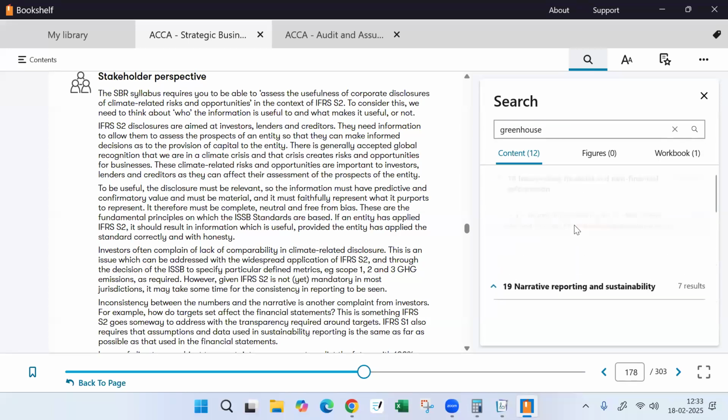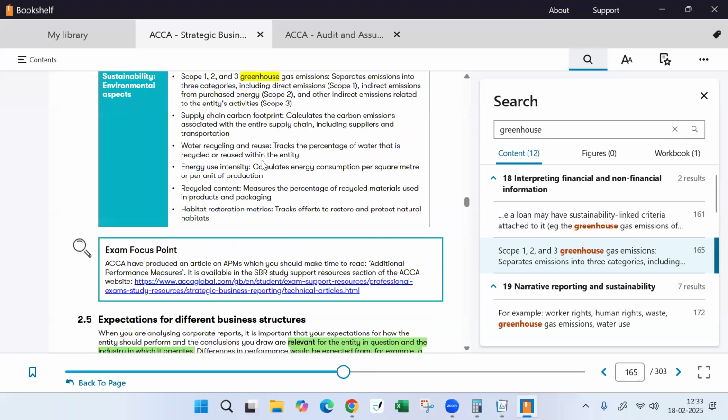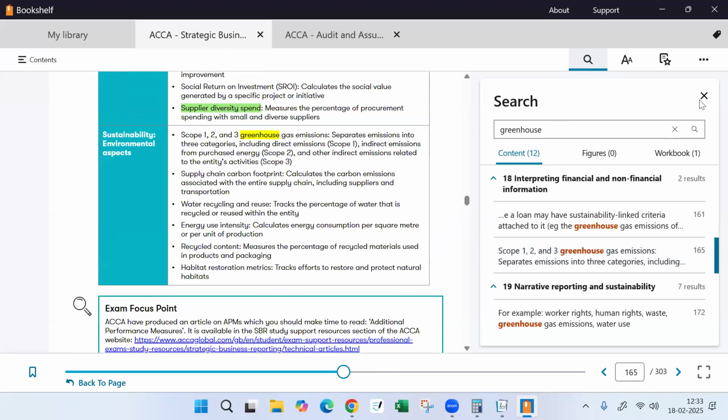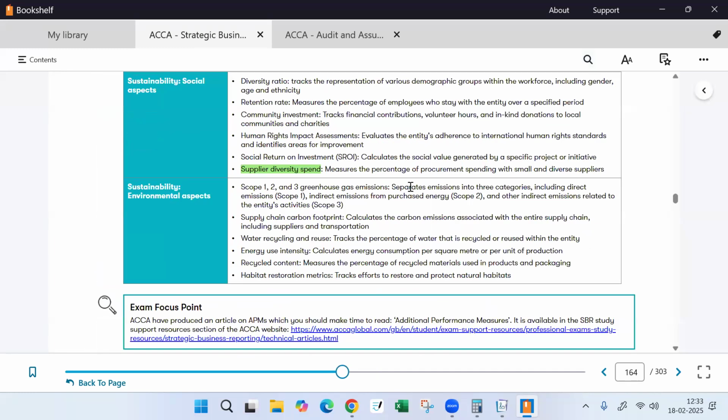Scope 1, 2, and 3 greenhouse emissions separates emissions into 3 categories, including direct emissions, which is scope 1, indirect emissions from the purchased energy, which is scope 2, and then indirect emissions from the entity's activities, called scope 3.